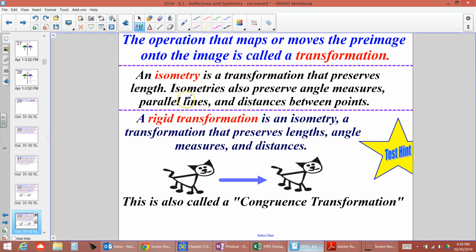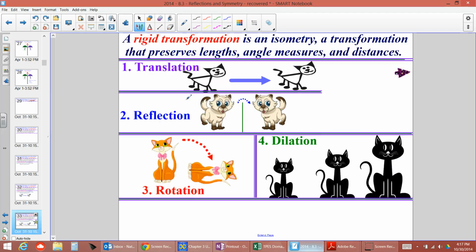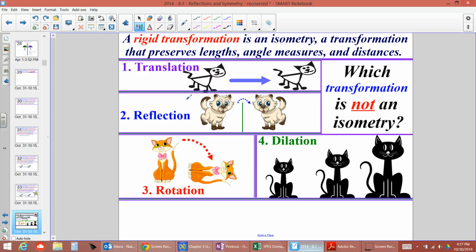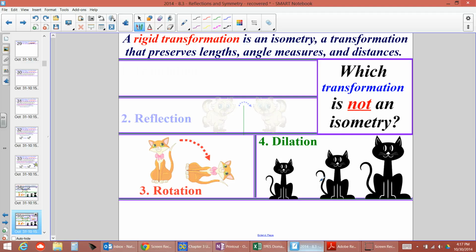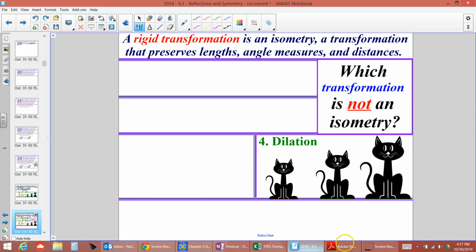They all preserve distance, lengths, and angles. So if we look at which one is not a rigid transformation or not an isometry, the answer would be a dilation, because the distances aren't the same. Notice how this distance from top to bottom is bigger than this distance from top to bottom. So it's not an isometry.